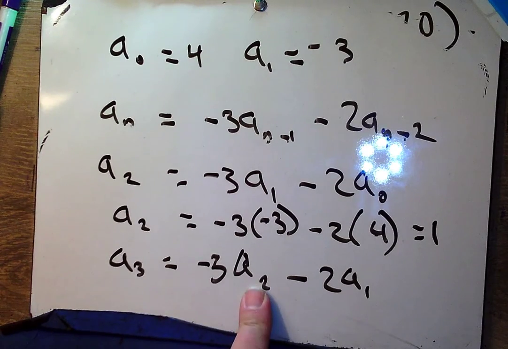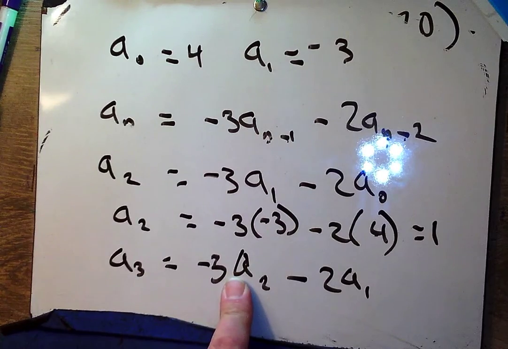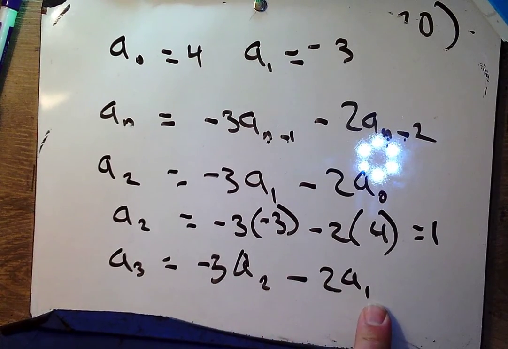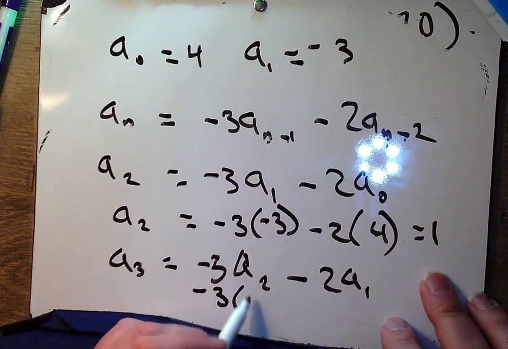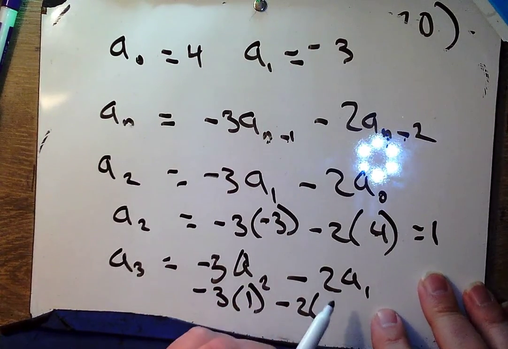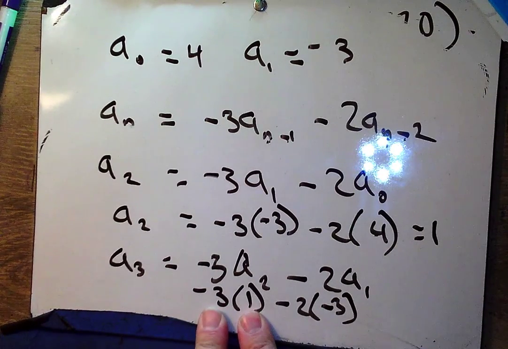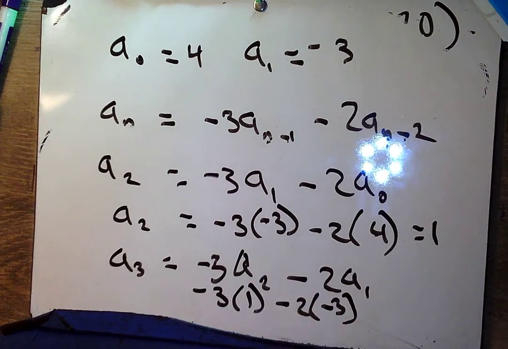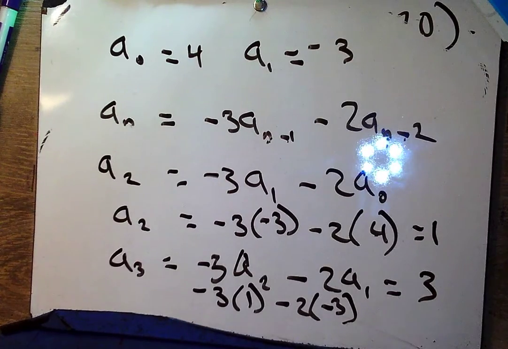So I'm going to put A sub 1 in here, right? Because this one is negative 3 times the last one minus 2 times the one before that. And so for us, we have negative 3 times 1 minus 2 times negative 3. So that's going to be minus 3 plus 6 is positive 3. Just checking. Yep. Positive 6 minus 3, positive 3.